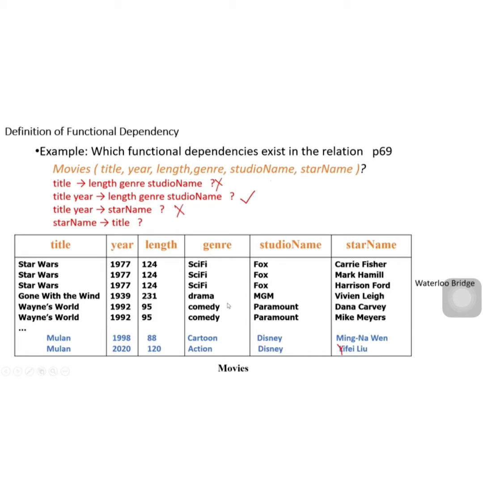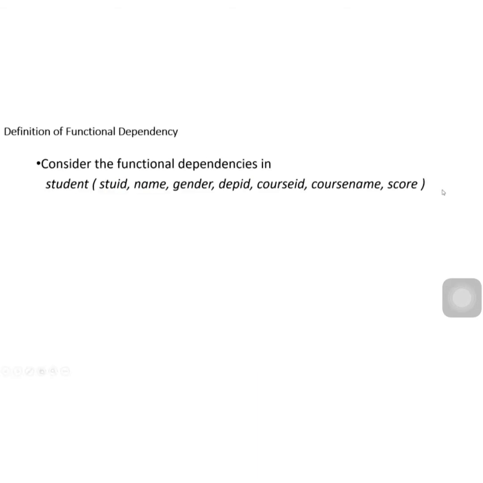So based on all possible tuples, this FD does not hold. Okay, now we know we cannot assert FDs in a relation just based on one sample.